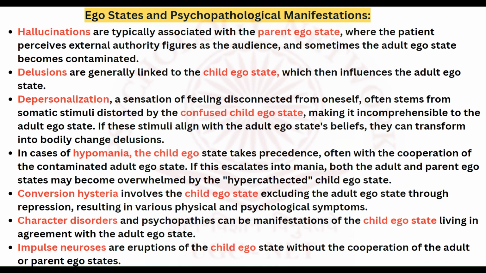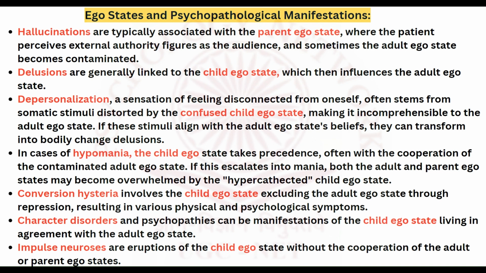Now, the ego states and psychopathological manifestations are very easy to remember. Don't get scared because of all the wordings. I've put so many wordings in a slide so that you can keep a screenshot of it or take it down, and people who want to hear the topic in depth can read through it. But to remember, for UGC people, it's very easy. Only hallucinations are associated with the parent ego.